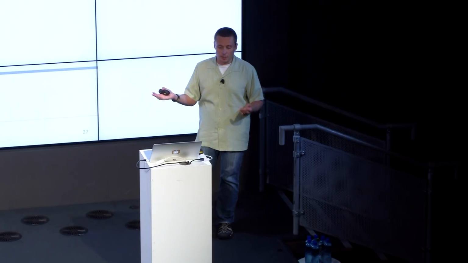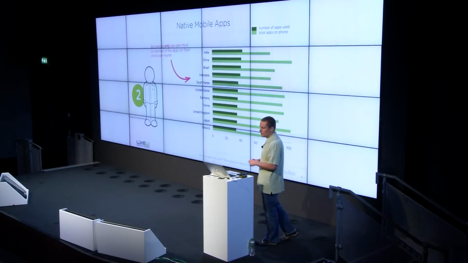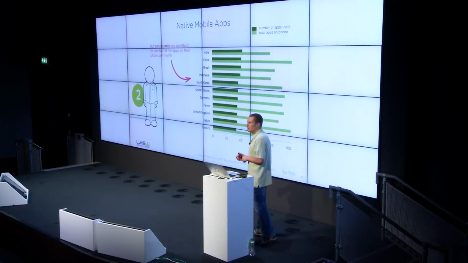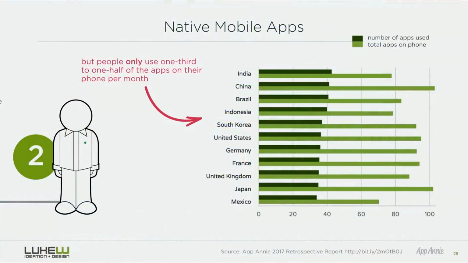Or maybe a simpler way of putting this is there's lots of apps out there, both in app stores and on people's phones. But being available, that is, being in an app store and being downloaded, aka being on somebody's phone, doesn't necessarily mean being used. Because people, despite having a lot of apps on their phone, generally use maybe half to a third of them every month.